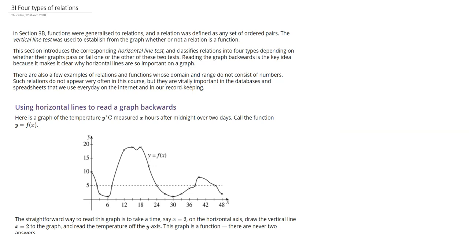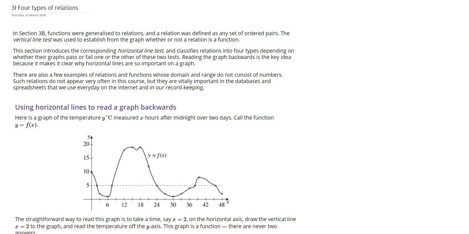Okay. So this, I'll just read this out. This section introduces the corresponding horizontal line test. So we have our vertical line test, which tests whether our relation is a function. The horizontal line test doesn't actually test whether the relation is a function. It does test for something else. It in fact tests for one-to-many relations.